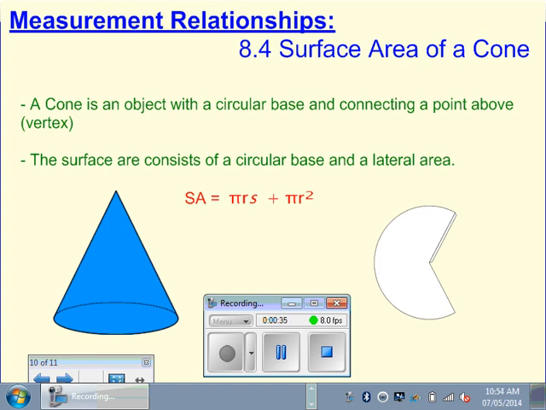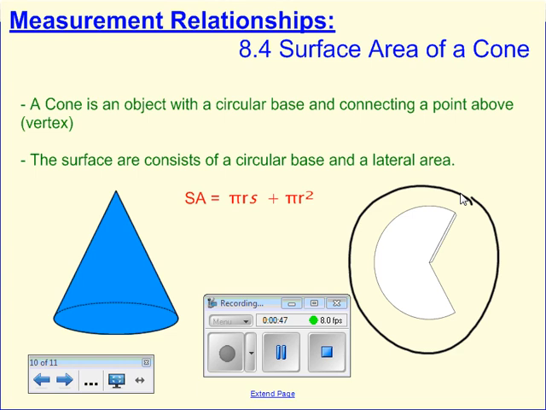Now, the surface area of a cone consists of the area of that circular base and something that's also known as the lateral area. So here, I have a cutout of what would make a cone. A cone starts off as a circle, but then it has a section cut out of it, and the two sides come together.